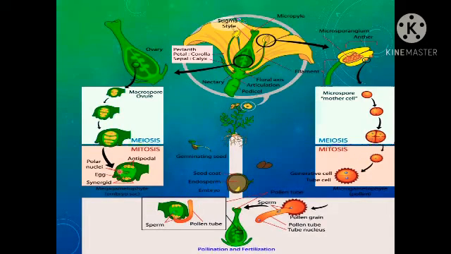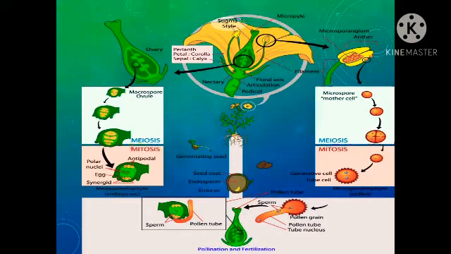Coming to megagametogenesis, the nucleus of the functional megaspore divides mitotically to produce four nuclei. In most crop plants, the megaspore nucleus undergoes three mitotic divisions to produce eight nuclei.